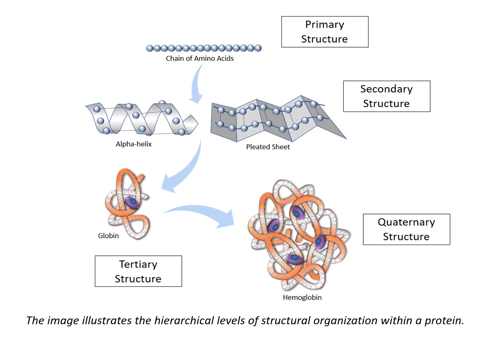Then comes the tertiary structure, where the entire chain folds into a complex three-dimensional shape, driven by interactions between our groups. Finally, the quaternary structure appears when multiple polypeptide chains come together to form a functional protein complex. Each level builds on the last, and together, they determine the protein's final shape and its function in the cell.